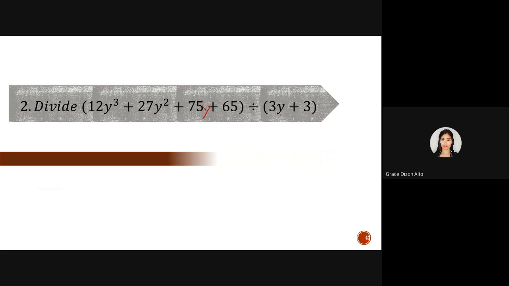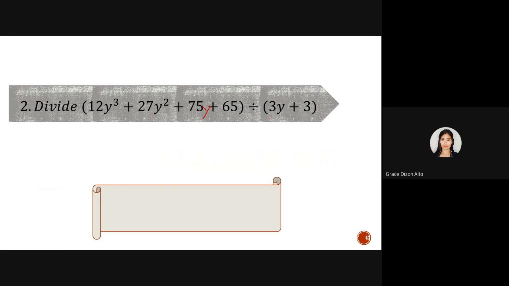We can simplify it by dividing by 3, so we will use y plus 1. So our answer will be 4y squared plus 5y plus 20 plus 5 over 3y plus 3.